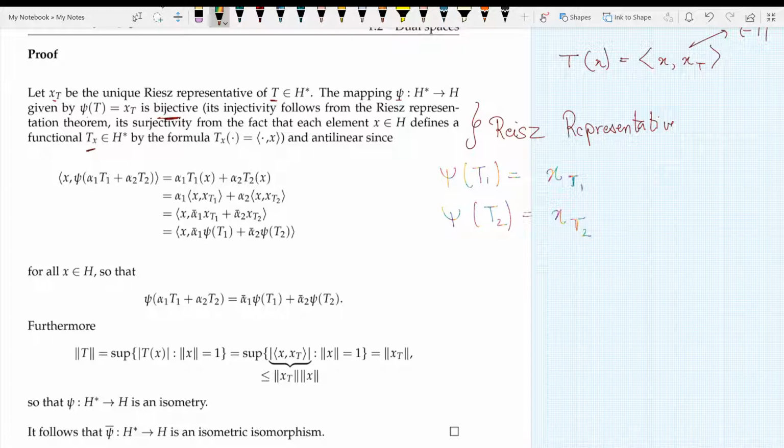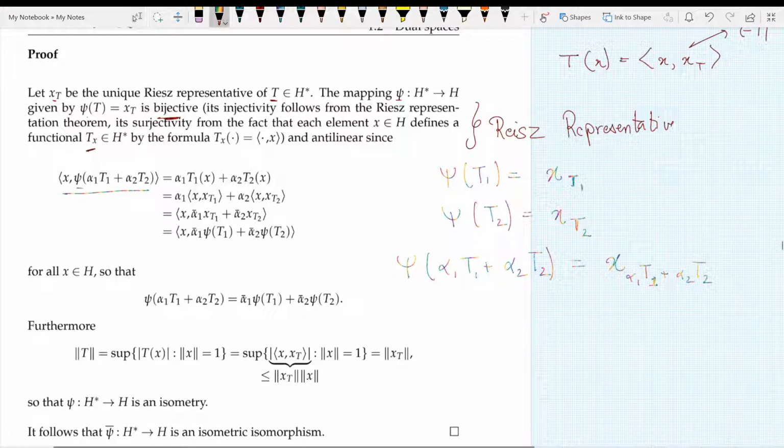And now I have psi of alpha 1 t1 plus alpha 2 t2 equals x of alpha 1 t1 plus alpha 2 t2. Okay, so I have these 3 formulas defined, and now let's look at our equation step by step. So I start from here.